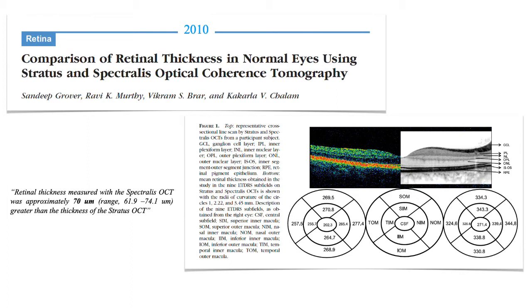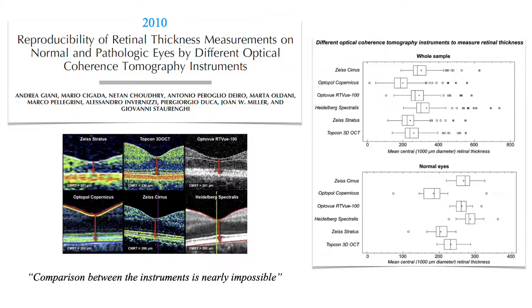This is important because when you design a multi-center clinical trial, you want to compare results from multiple sites, and of course if more devices are available in the market, it's important to know if there is a sort of discrepancy between devices.